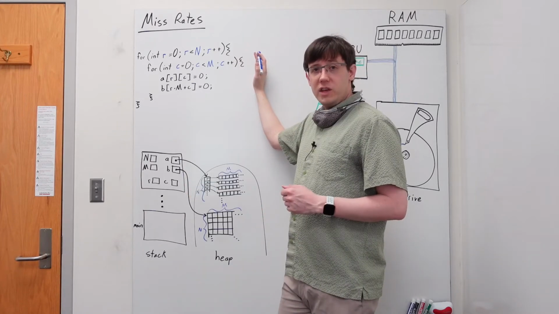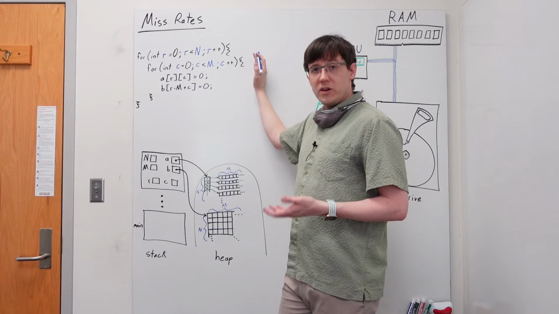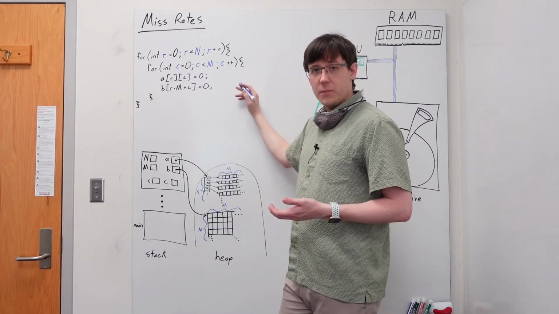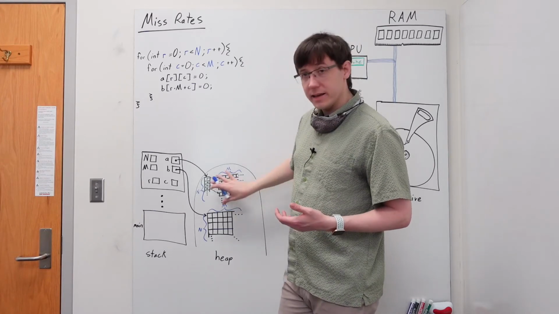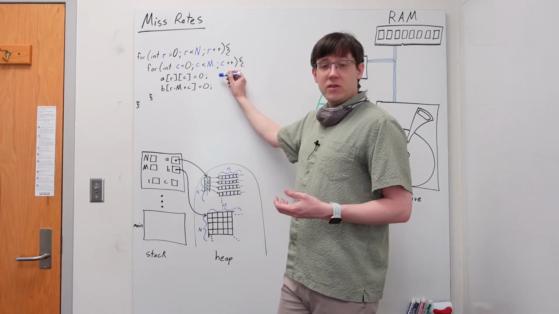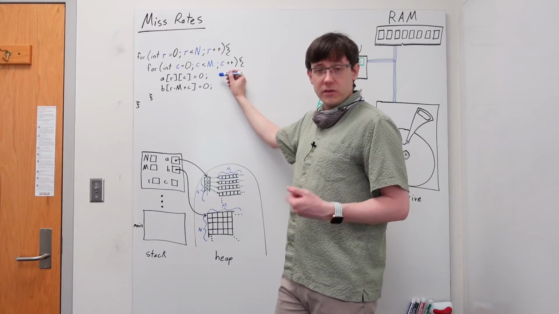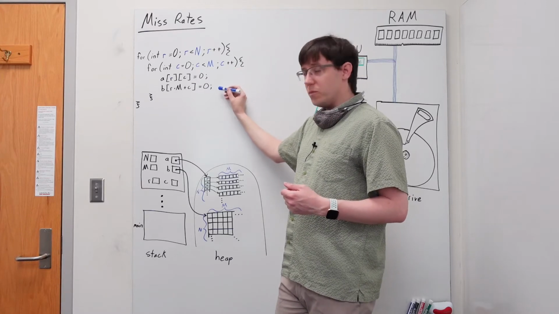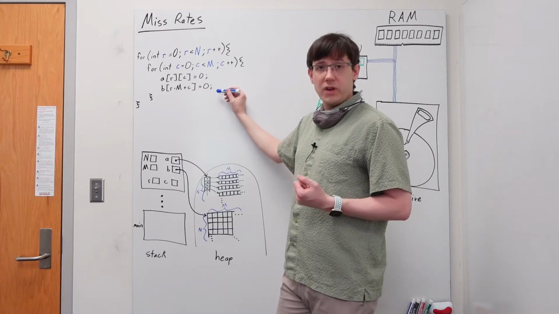In this snippet of C code, we have two two-dimensional arrays, A and B. Both are dynamically allocated and live in the heap segment, but A is the array of arrays style of allocation, whereas B is the single allocation style.